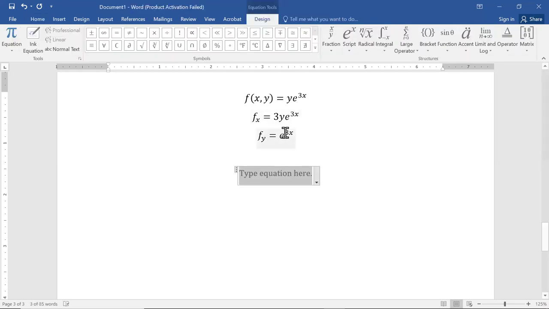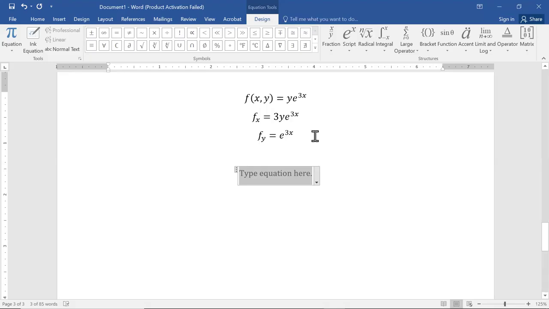I can plug in any value I want into x and y, so there are no values where f sub x or f sub y is going to be undefined.